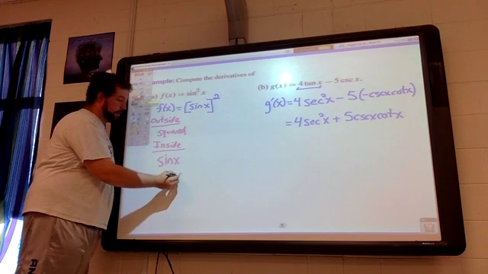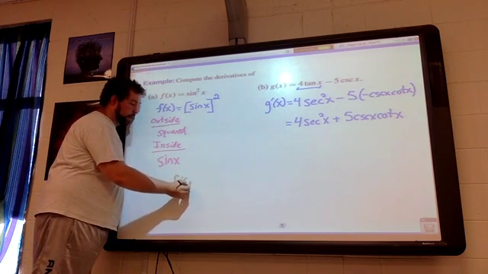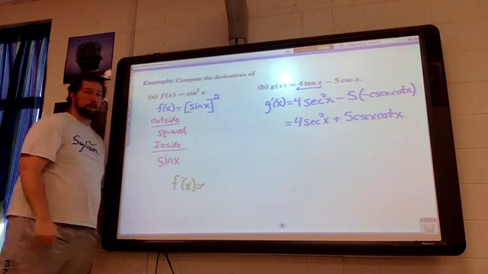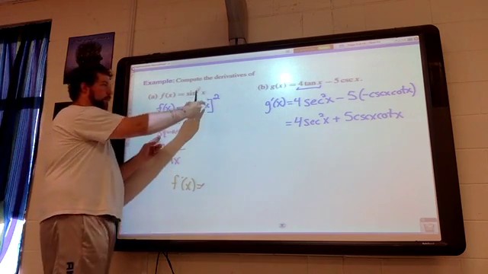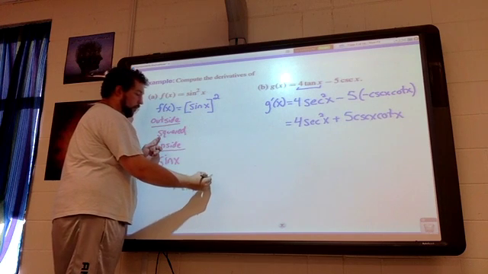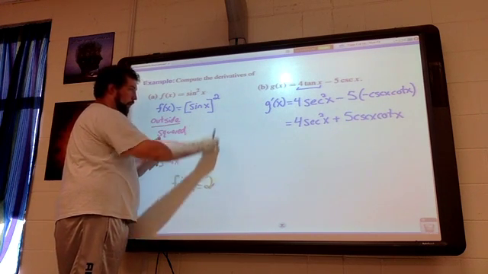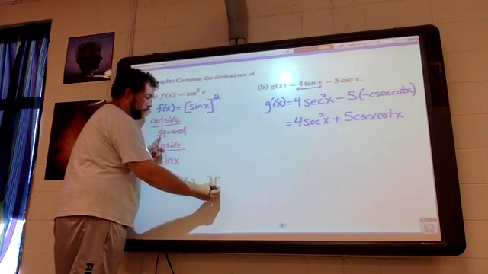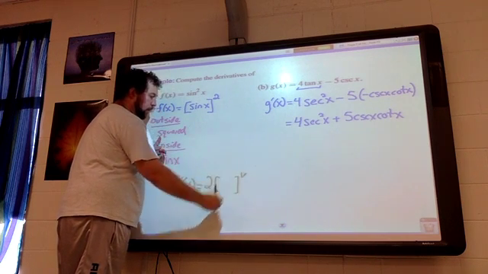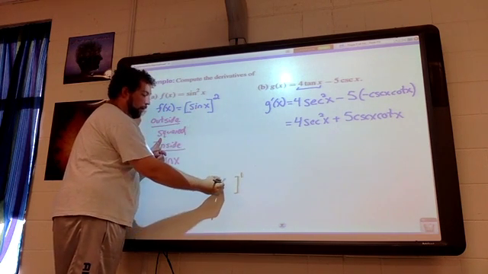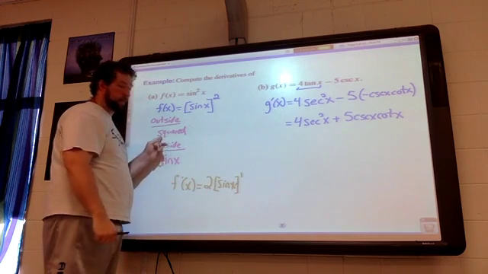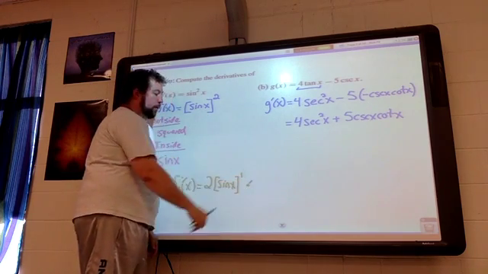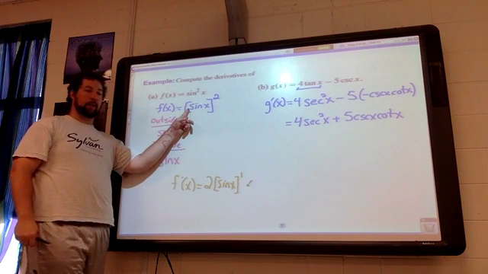To find the derivative using the chain rule, if you remember, it's the derivative of the outside, which is the squared part. So the 2 would come down, and then the exponent would subtract to 1. And we leave the inside alone. The derivative of the outside with the inside still there, and then times the derivative of the inside.